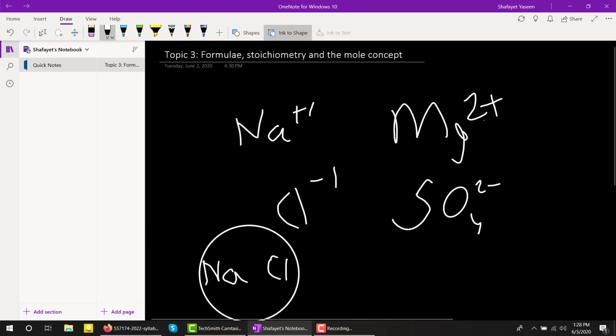Let's move on here. Now let's see what happens when the magnesium ion combines with the Cl- ion, right? So as I said before, just write down the components first.